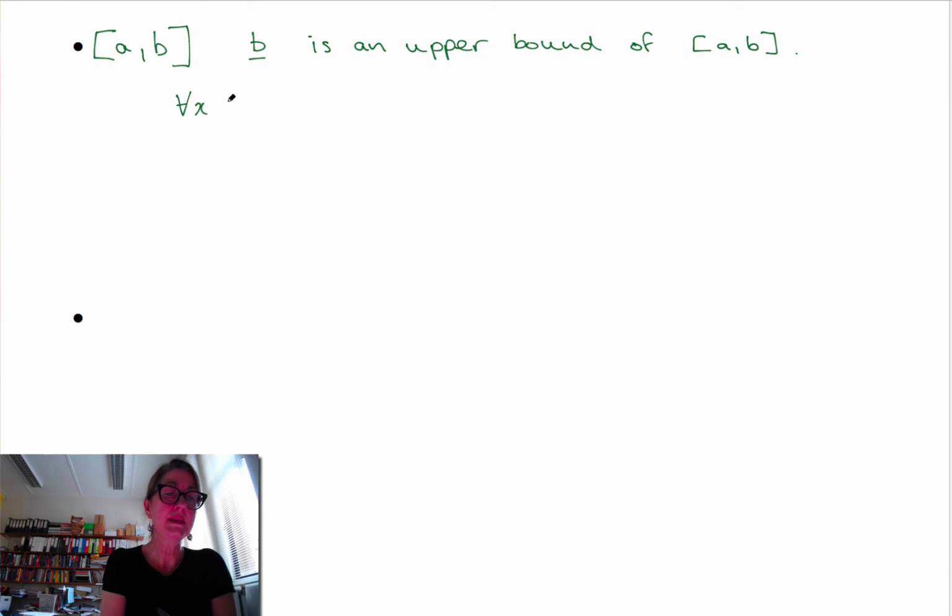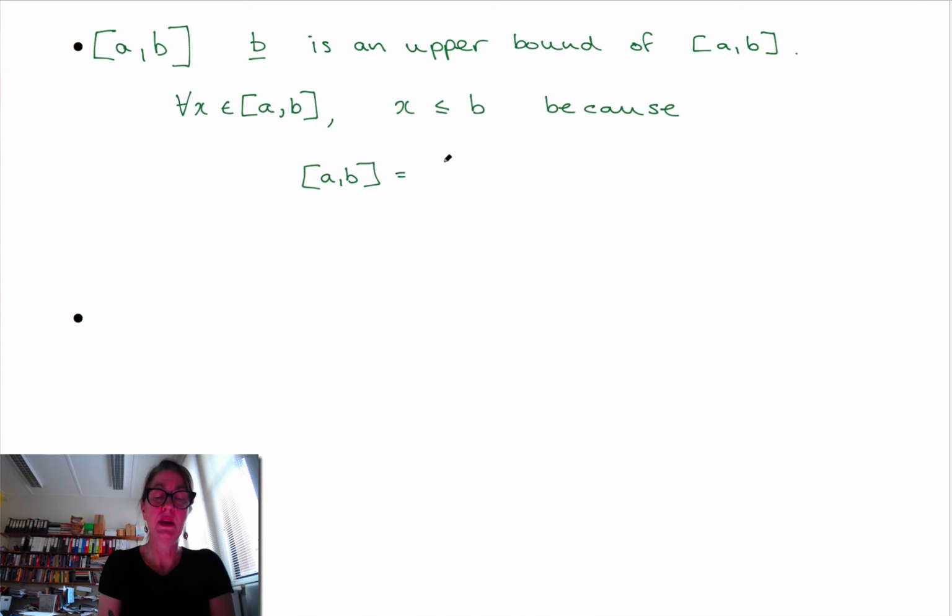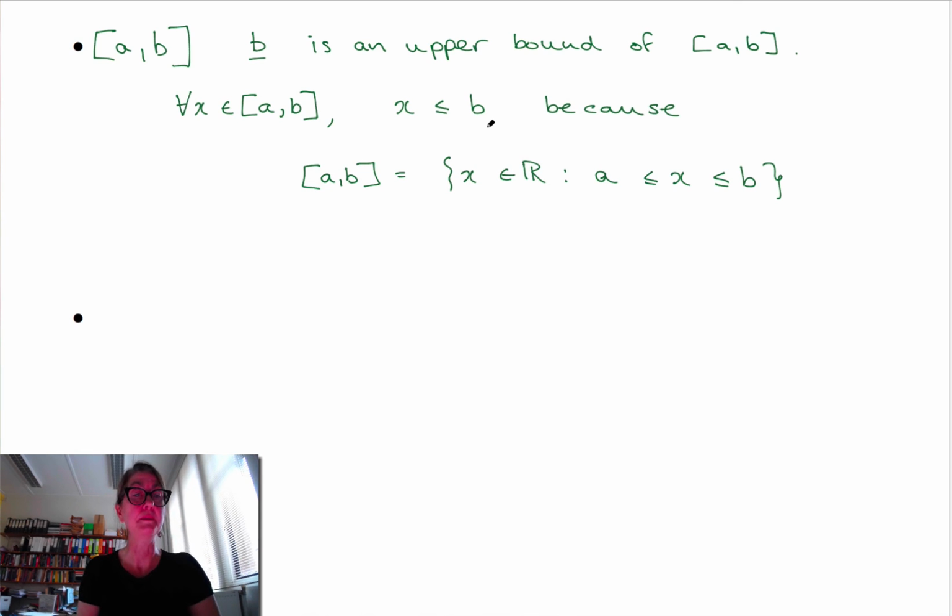For all x in the closed interval [a, b], x is less than or equal to b, because the closed interval [a, b] we just defined to be the set of x's in R such that a is less than or equal to x is less than or equal to b. So it's absolutely clear from the definition of the closed interval and from the definition of what it means to be an upper bound that b is an upper bound of [a, b].